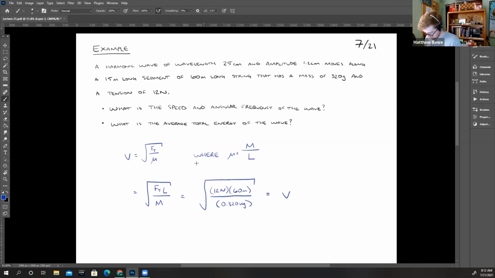So that's this mu right here. And after some rearranging, I've arrived at the velocity of the wave. That's the first part of this example. And we get 47 meters per second.